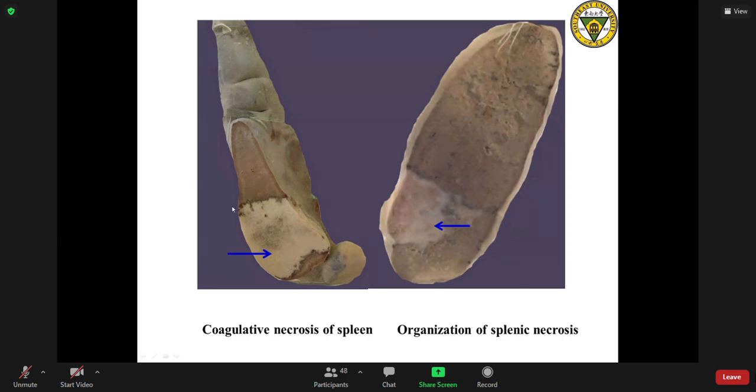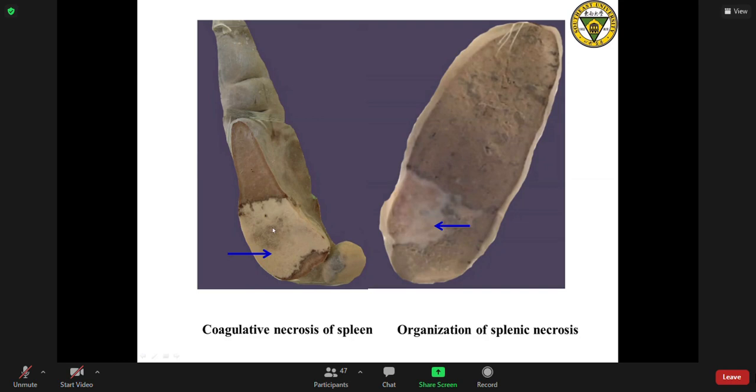It's a large spleen. This gross specimen is fixed by formalin, so you can see the color may be changed, but this pale or white area is the necrosis area.